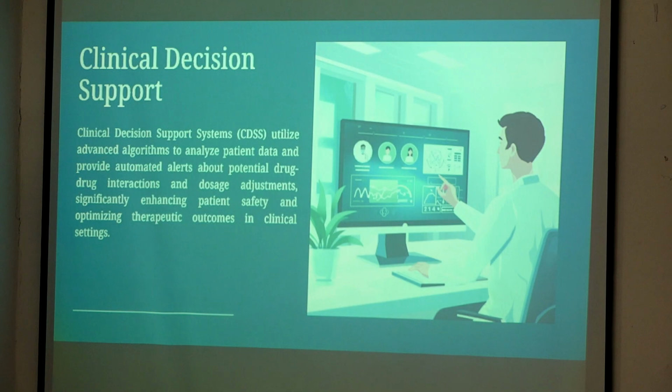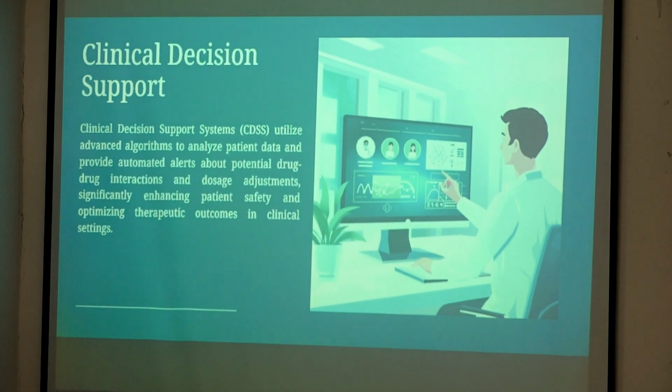In the morning session, Gaurav sir took plenty of examples of these various artificial intelligence techniques. I don't want to go again and tell the same thing, so I have skipped all those things. In the previous conference also we were both there, and I skipped many slides because of him.